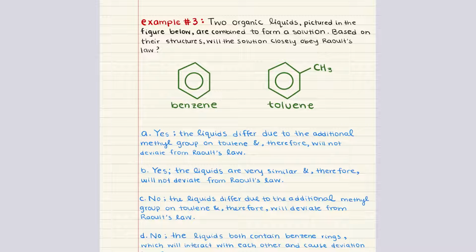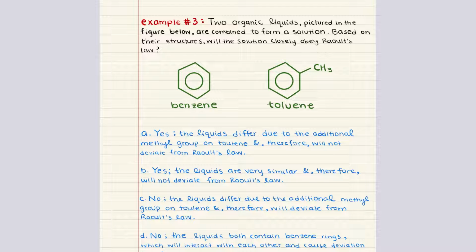C says no, the liquids differ due to the additional methyl group on toluene and therefore will deviate from Raoult's law. And D says no, the liquids both contain benzene rings which will interact with each other and cause deviations from Raoult's law.